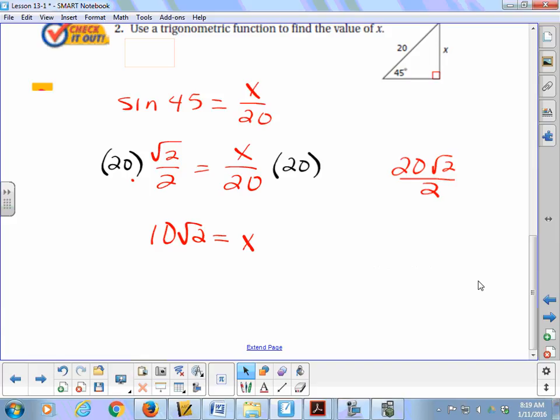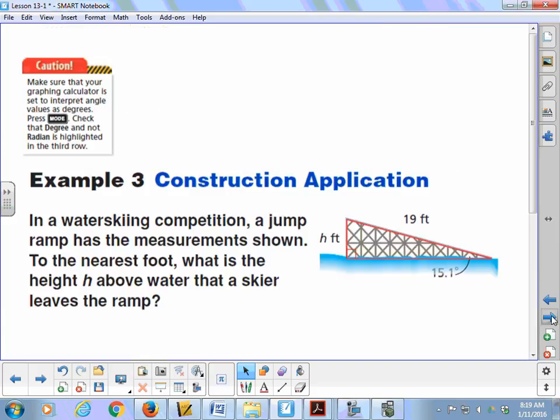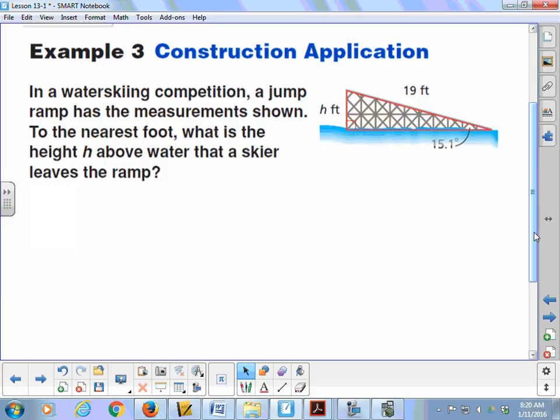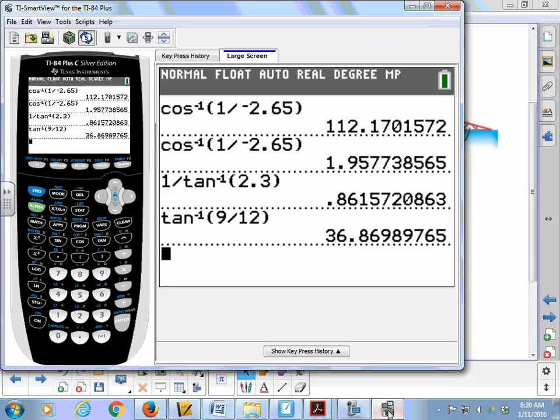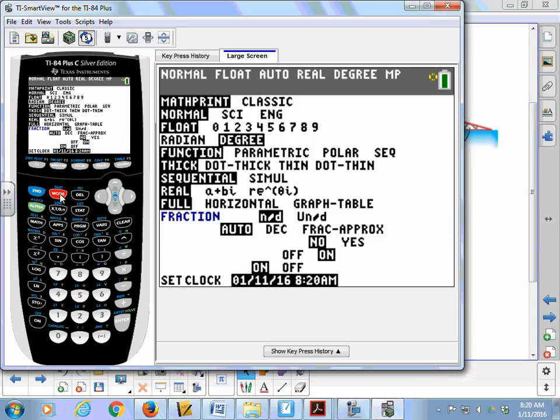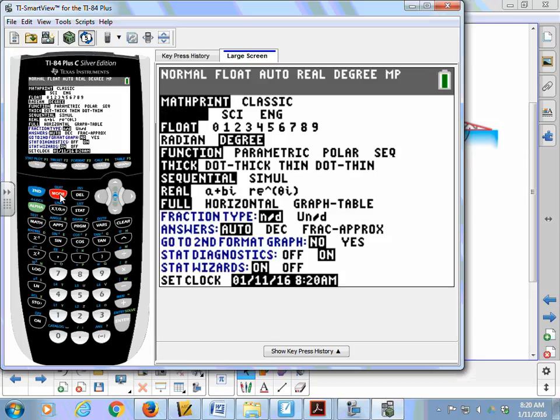Okay. So, all right, let's look at a situation where they don't give us a nice angle of 30, 45, or 60. To do this, we have to check our calculator first of all. So go to your calculator, and we want to make sure that we are in degrees. Go to the mode on your calculator, and where it shows down here, the third or fourth one, it should say radian or degrees.